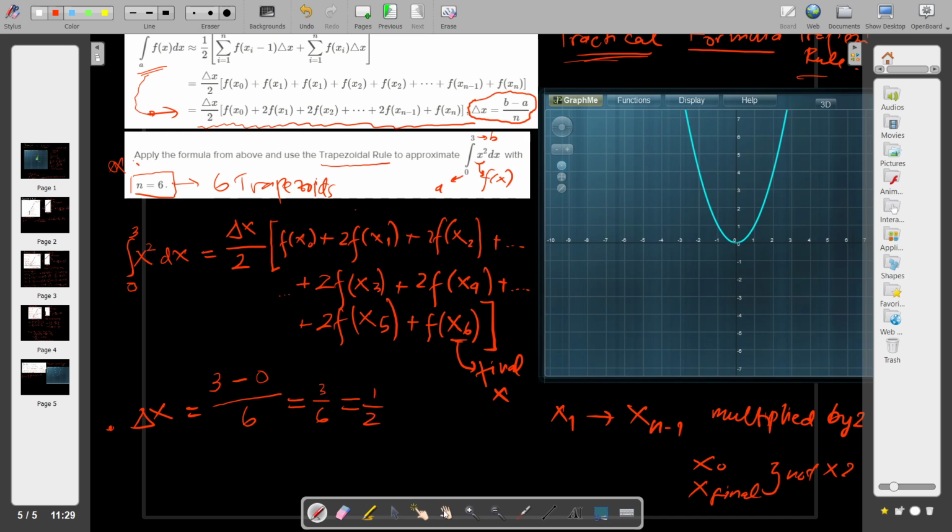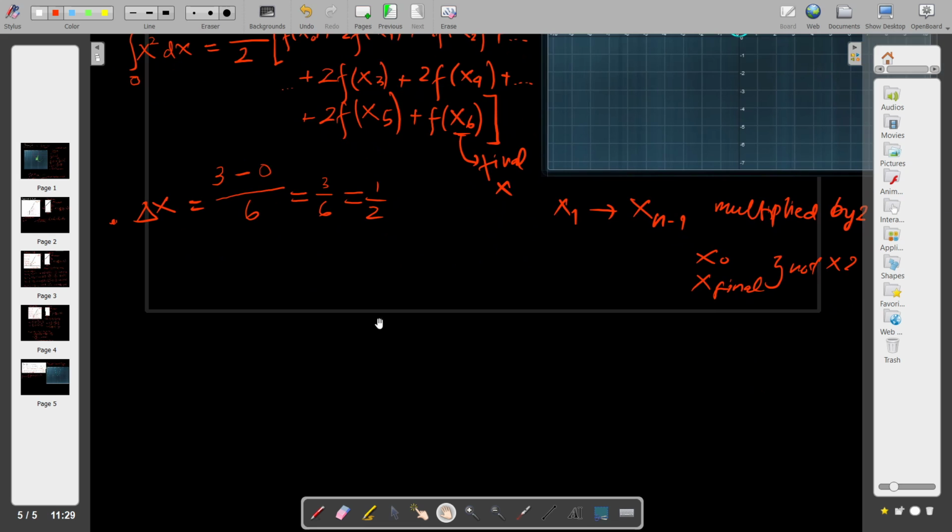Our function is f(x) equals x to the power of 2. Why is x0 equal to 0?